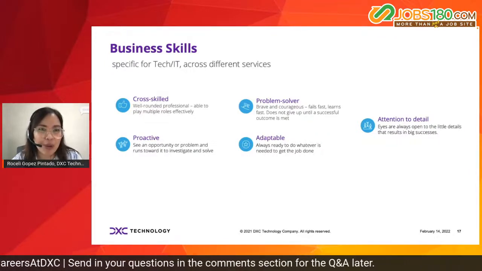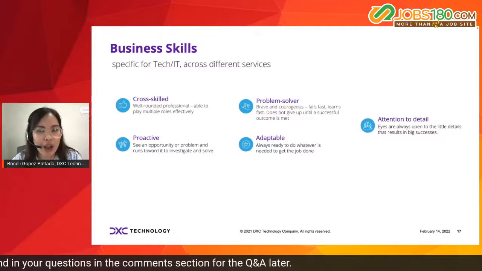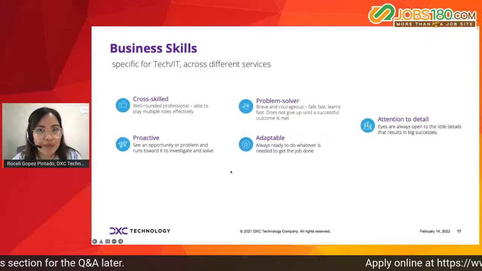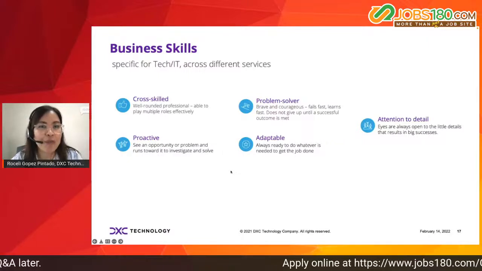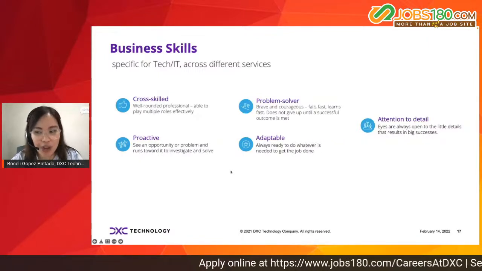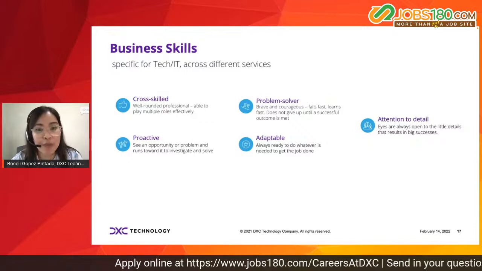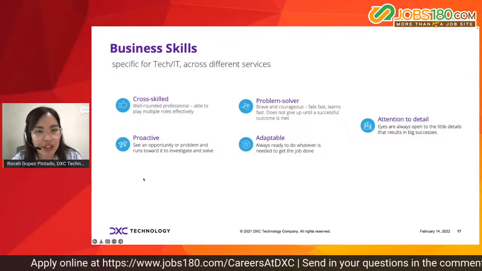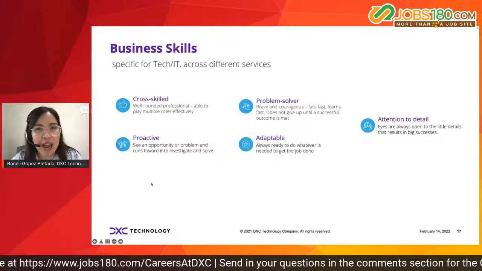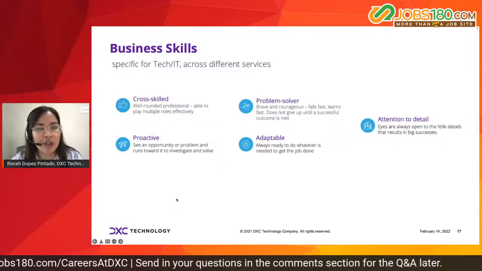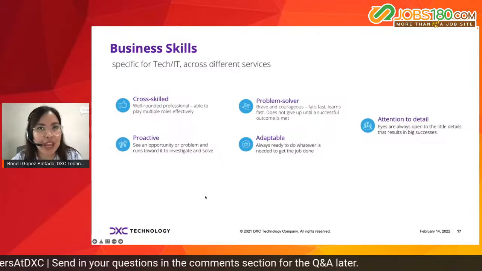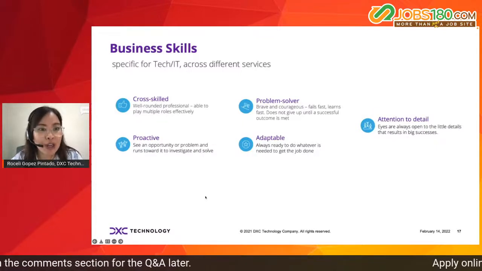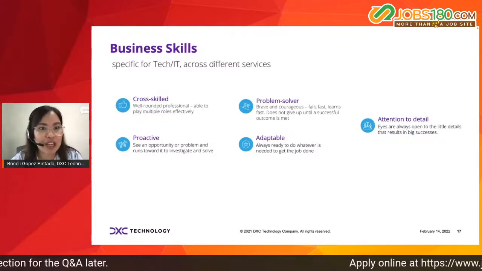This is similar to what I shared earlier, where you develop yourself and position yourself in such a way that in a team you can be both applications dev and tester, or you can know how to support an application, but at the same time you've also beefed up your dev skills.